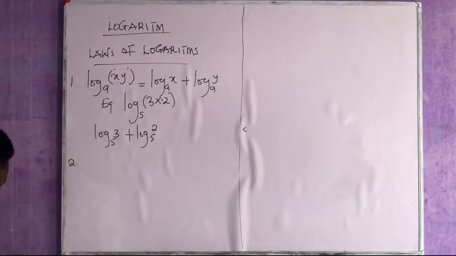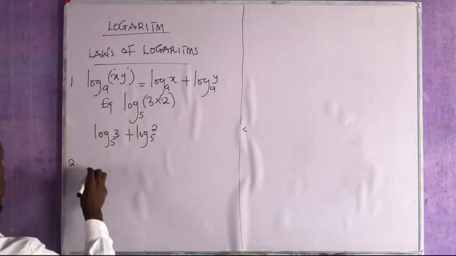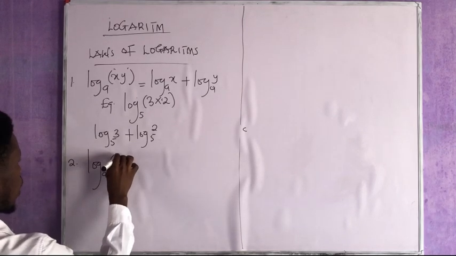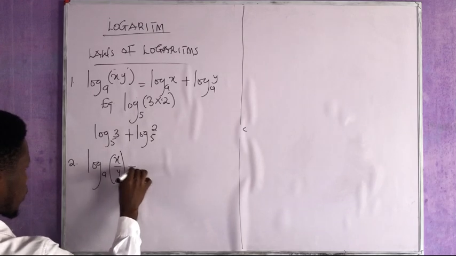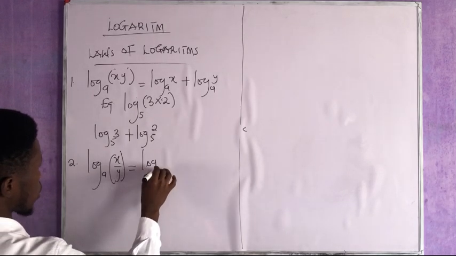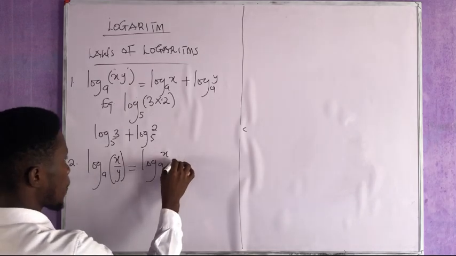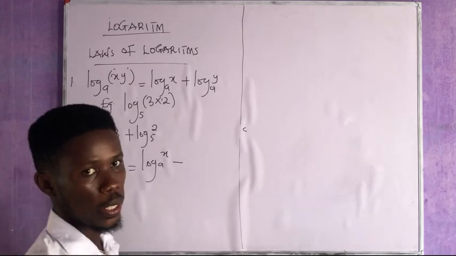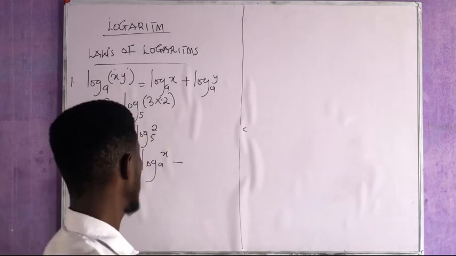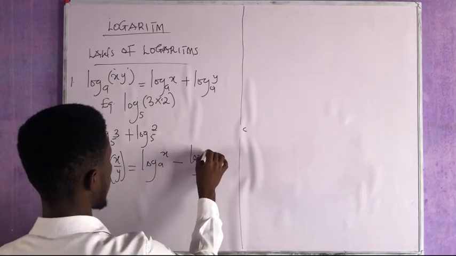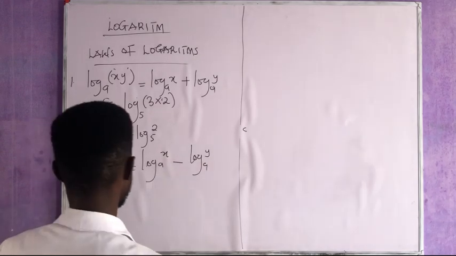Law number 2. Since we have multiplication, let's go to the division. x over y. So this one too can be written as log x base a minus, because of the division sign, you write it as minus, log y base a.